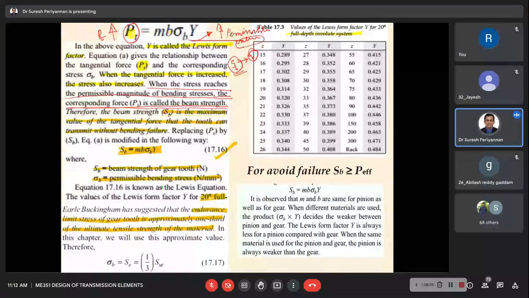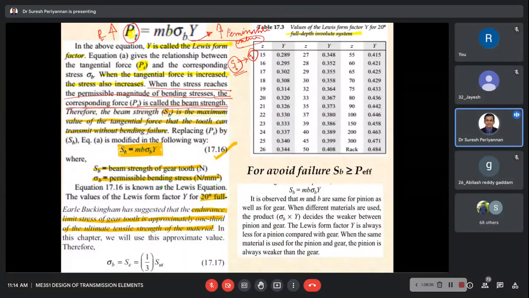He did research and came with this information. He formulated the equation, that of Lewis, with some modification based on the endurance limit stress of the gear tooth. Finally he found that sigma B, the bending stress, is equal to the endurance limit stress, which is 1/3 of the ultimate strength.